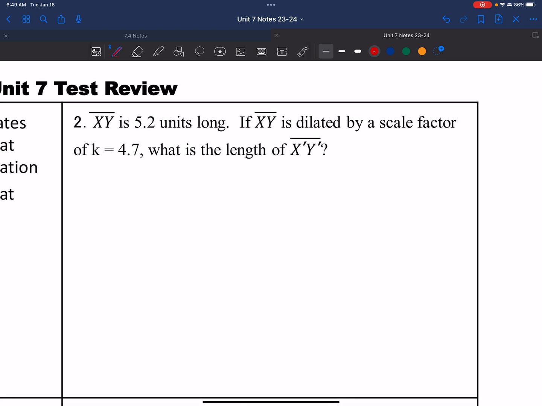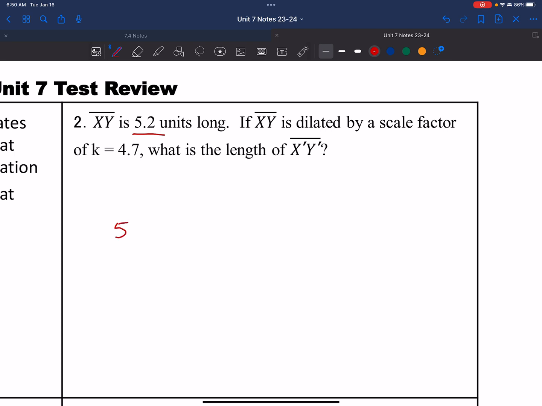Line segment XY is 5.2 units long. If XY is dilated by a scale factor of K equaling 4.7, what is the length of X prime, Y prime? So all I'm doing is I'm just taking my original length, 5.2, and I'm multiplying it by my scale factor, 4.7.